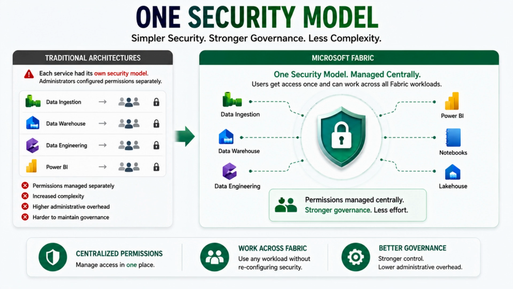This increased complexity. Microsoft Fabric introduces one security model. Permissions are managed centrally. Once users receive the required access, they can work across Fabric workloads without configuring security again and again. This improves governance while reducing administrative overhead.